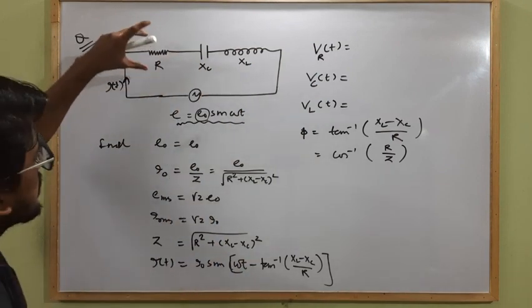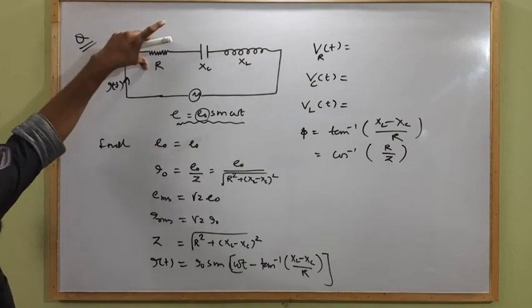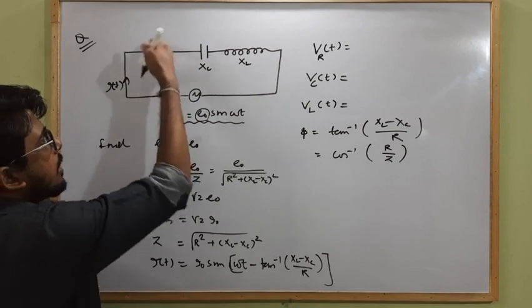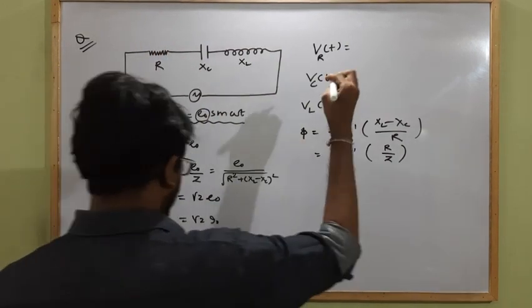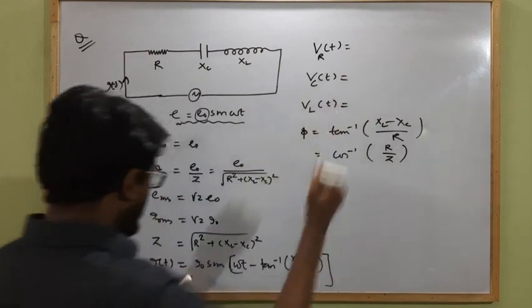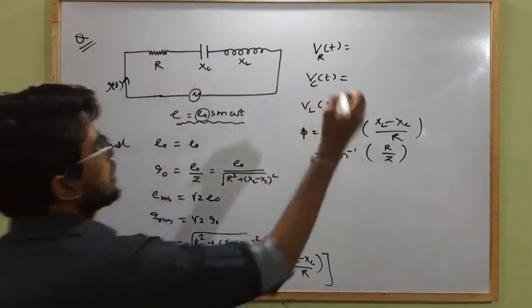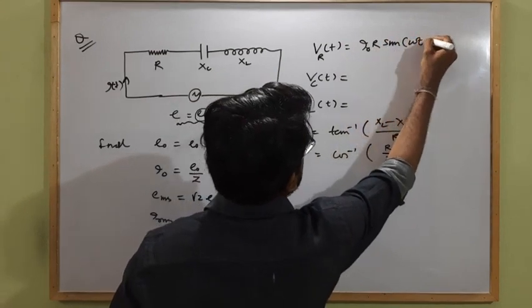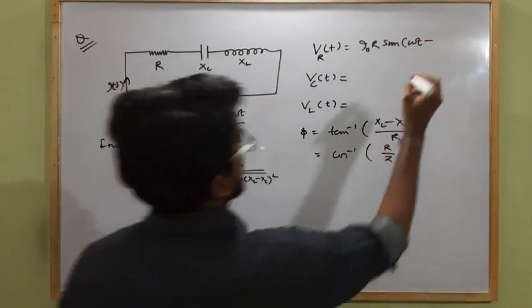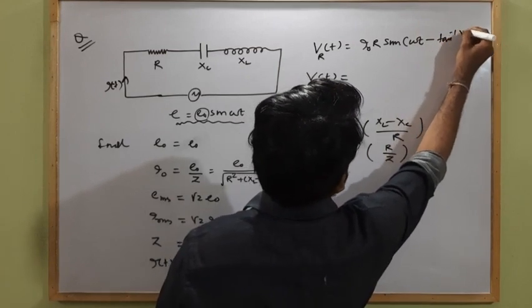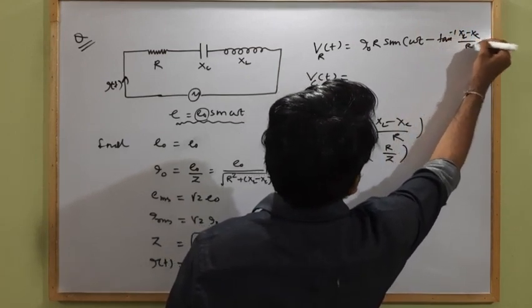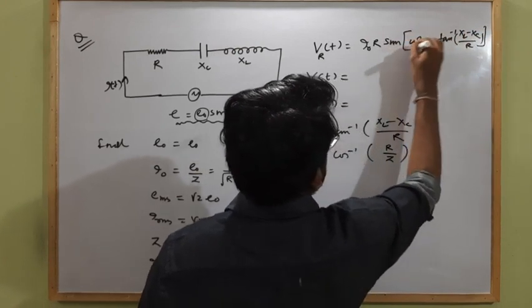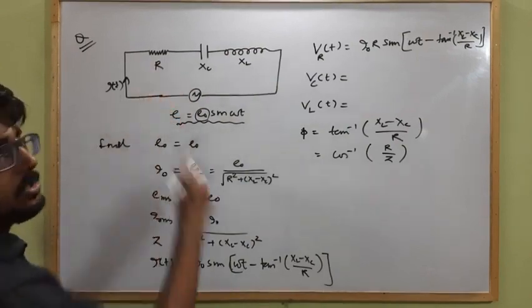The potential difference across the resistor is in the same phase as that of the current, so V across R will be, with E naught being I naught into resistance, I naught R sin omega t minus tan inverse of XL minus XC by R. Okay, this is the potential difference across the resistor.